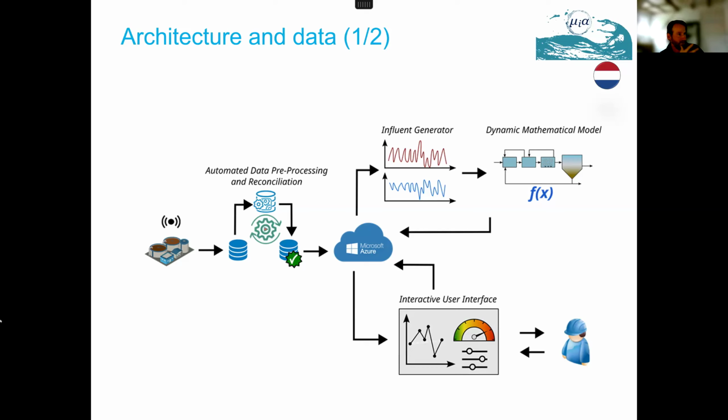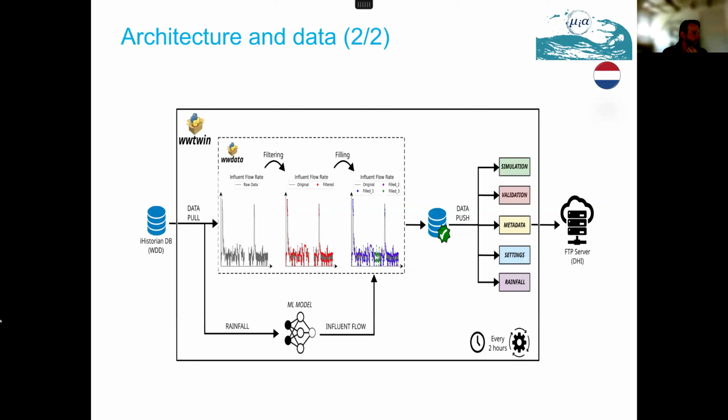At headquarters, there's gap filling, etc., and data cleanup, and then it goes to the Azure cloud, where also the web interface works. So this is more the data cleaning part. It uses rainfall and influent prediction to fill the gaps, and it also labels all the data that it ingests into the cloud.